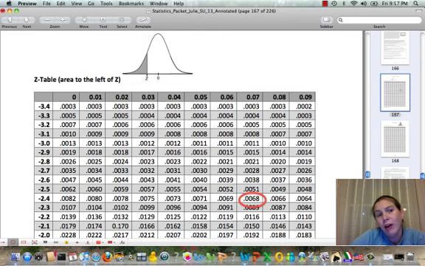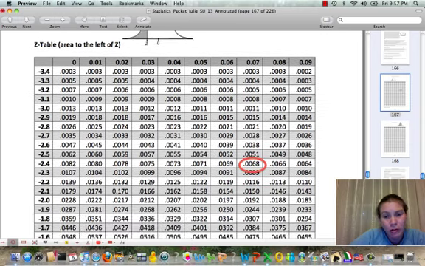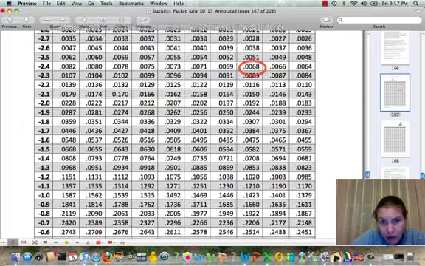Suppose you wanted to find the z-score that corresponded with a 30% probability or 0.30 probability. So we would look for a 0.30 proportion. We could come down and try to figure out where we can be closest to 0.30. If we look, we have to go down more and more.